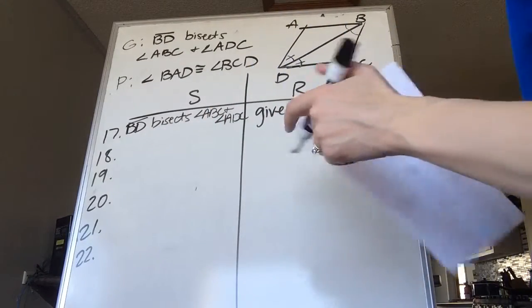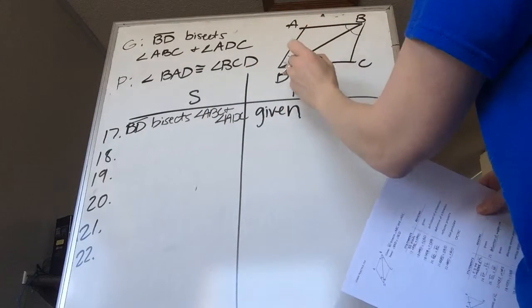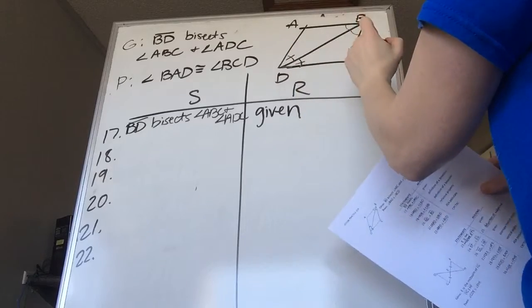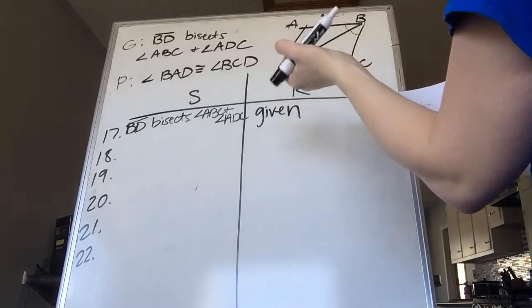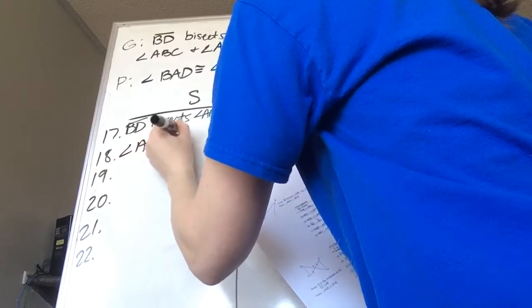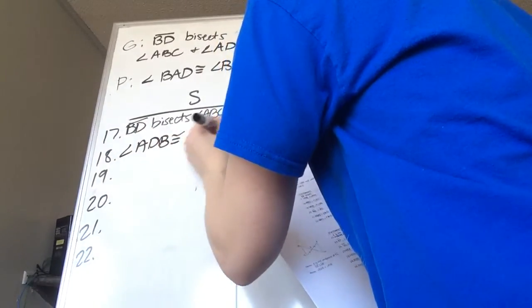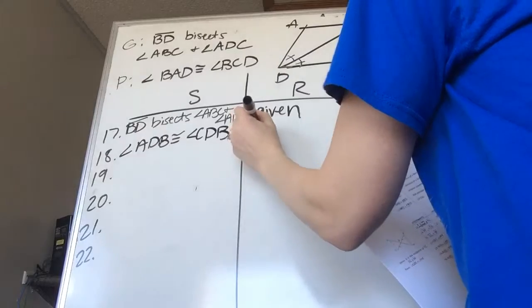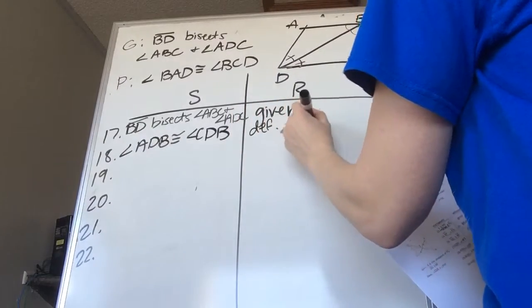Okay, because of that, we've already established that angle ADB is congruent to angle CDB because of the definition of bisector.